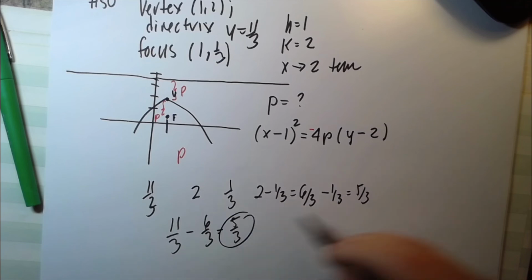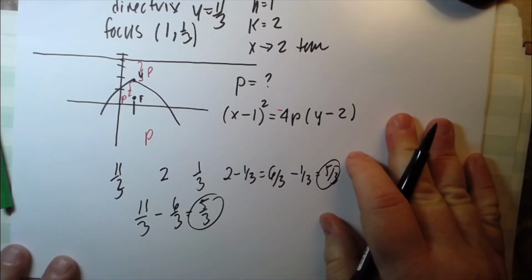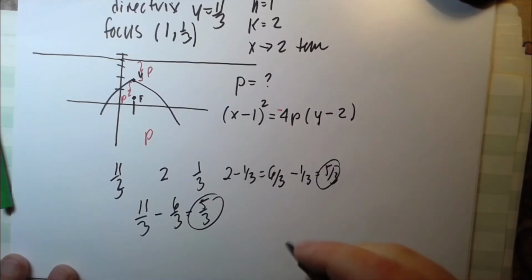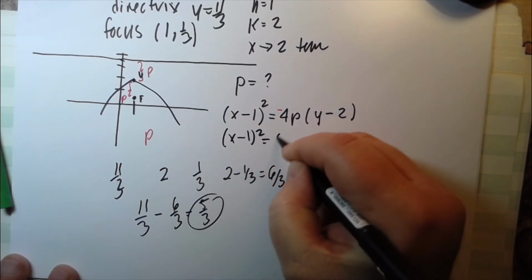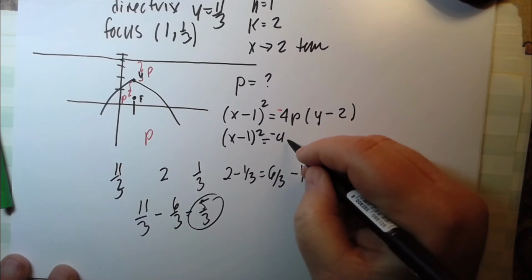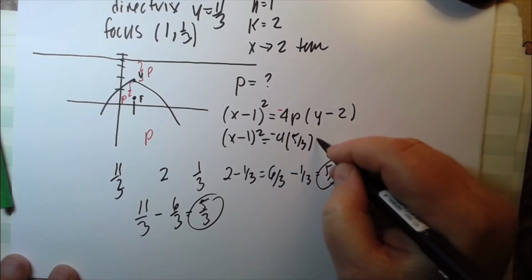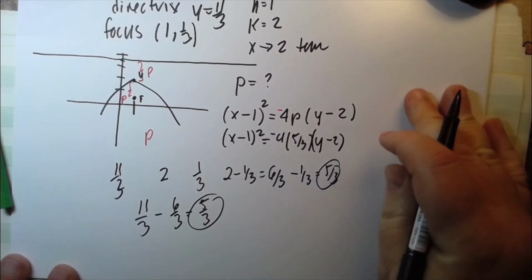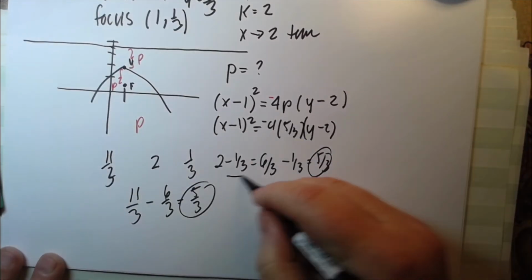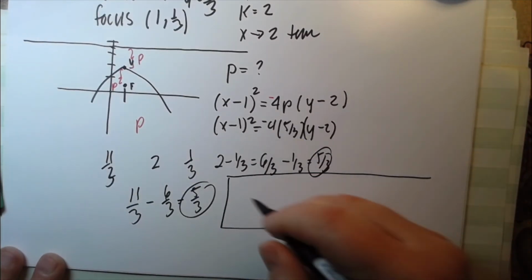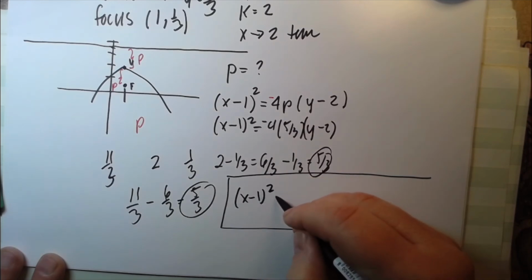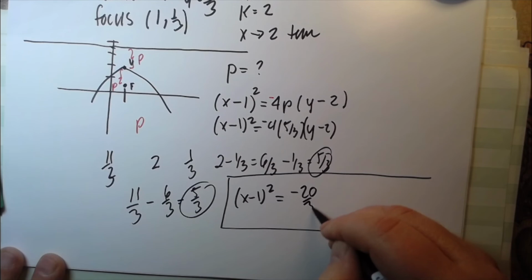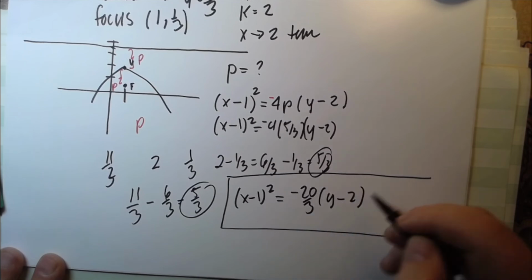So the distance p is 5/3. If I plug that in, I get (x minus 1) squared equals 4 times negative, because it's opening down, 5/3 times (y minus 2). Multiplying the numbers together, we get negative 20/3 times (y minus 2), and we have the equation of our parabola.